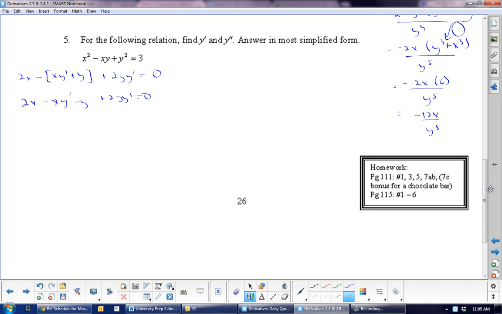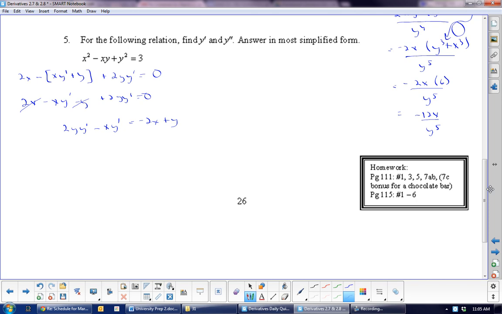Okay, so I got that y prime. On the other side, I'm going to put the minus 2x to get rid of that, and the plus y. And then I have 2y y prime, minus x y prime. Now, of course, I could have put negative x y prime. It doesn't matter the order. It's just I like to have the positive one first.